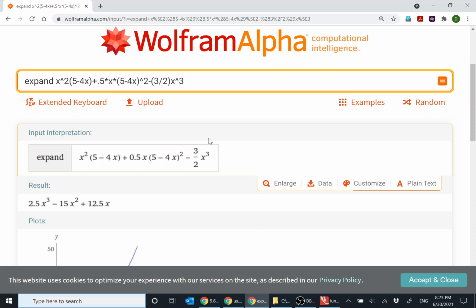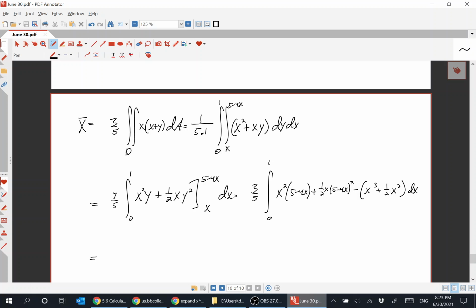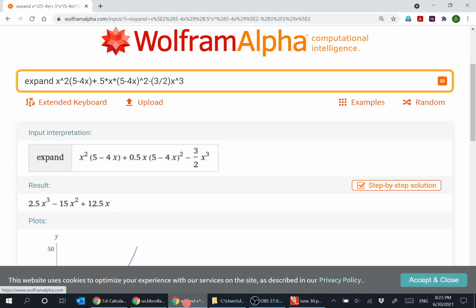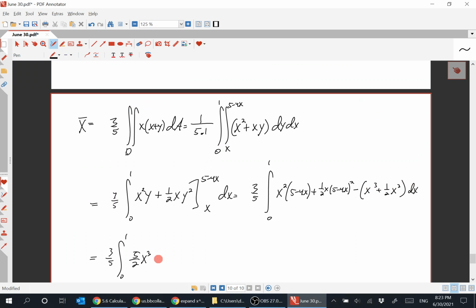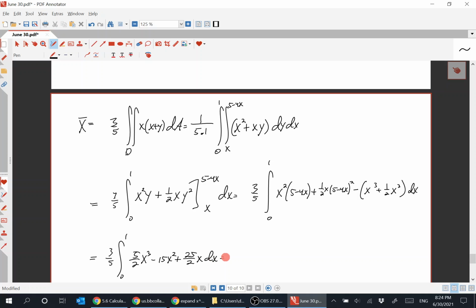So 2.5 x to the third minus 15x squared, so minus 15x squared plus 25 over 2x dx.